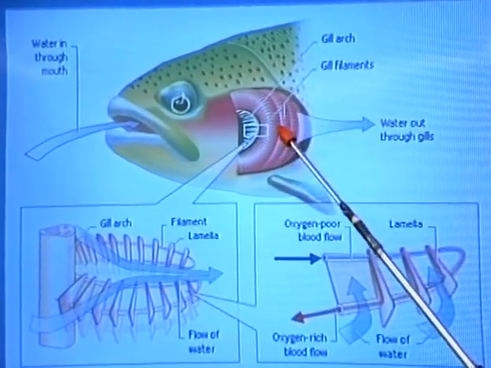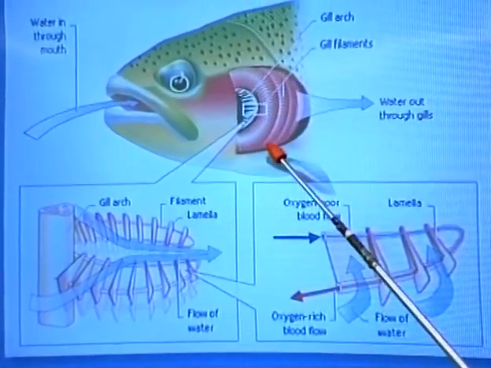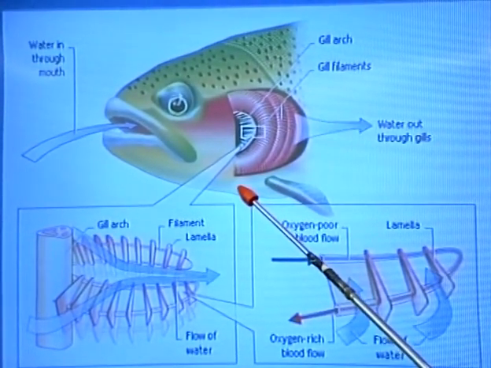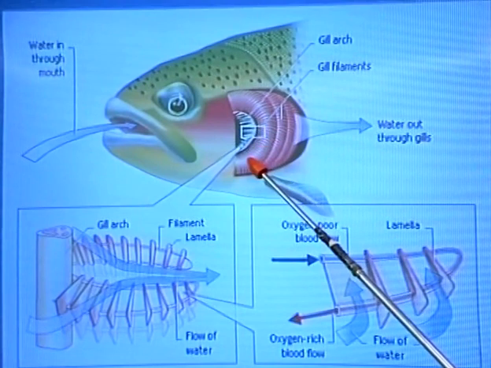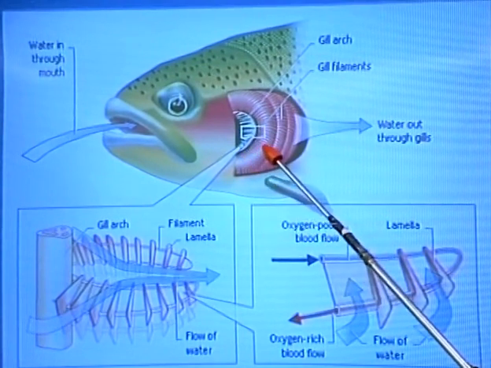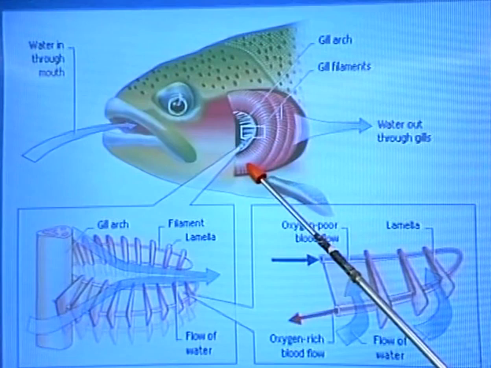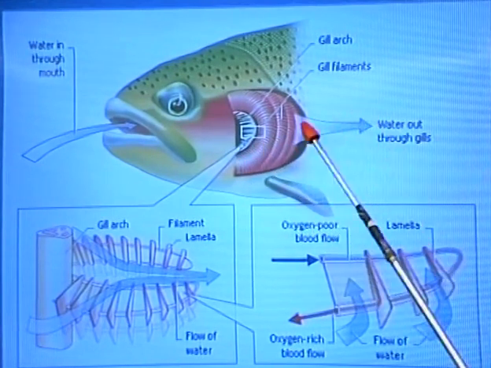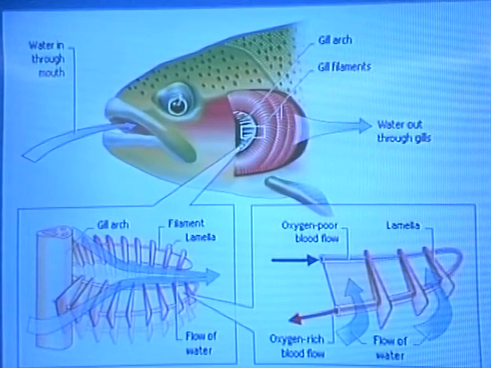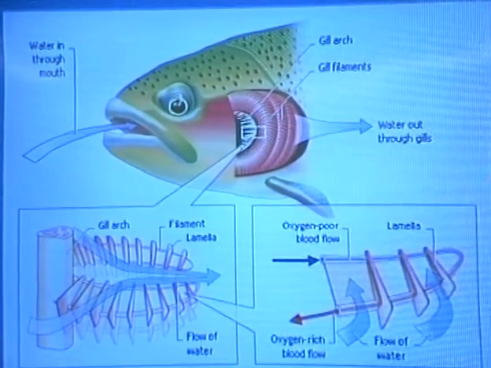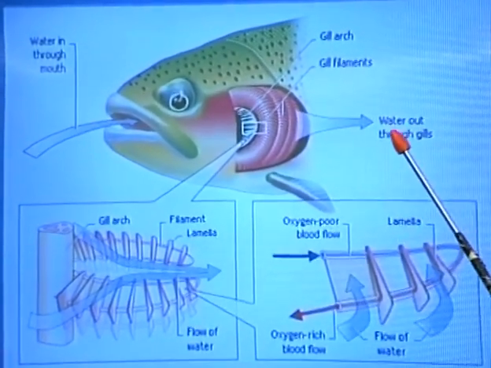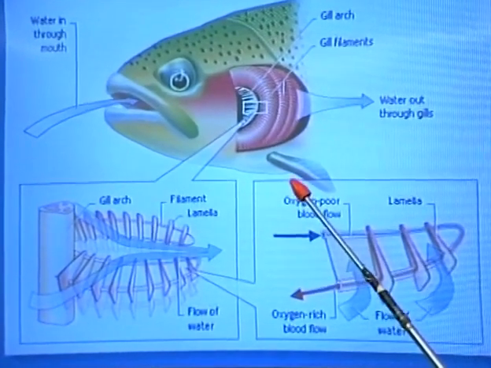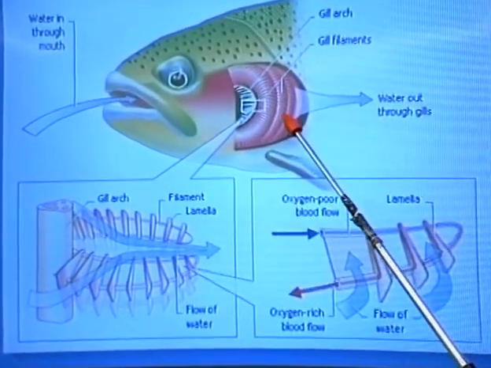Okay, and once it fills those blood vessels up, carbon dioxide, which is the waste, it's not wanted by the fish. Carbon dioxide is released or removed out of the fish through the gills. So that is how fish take in oxygen and release carbon dioxide from the fish body.